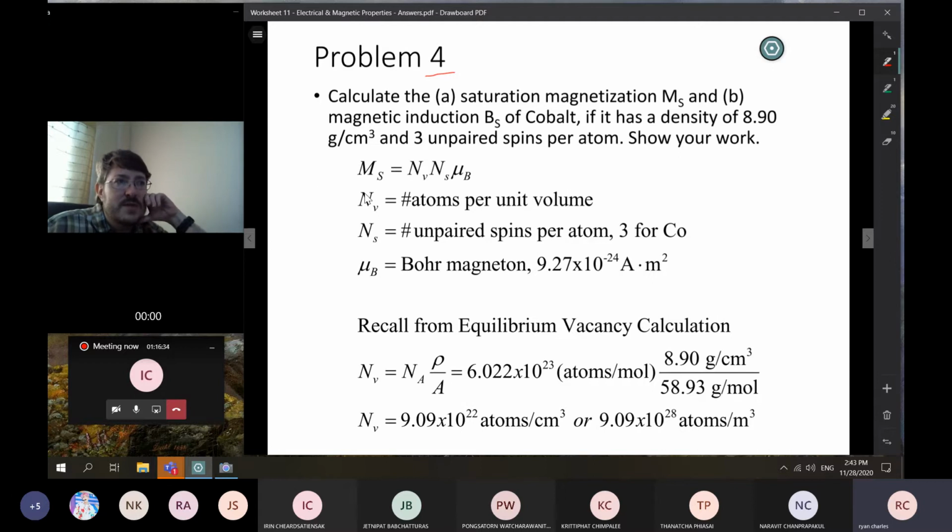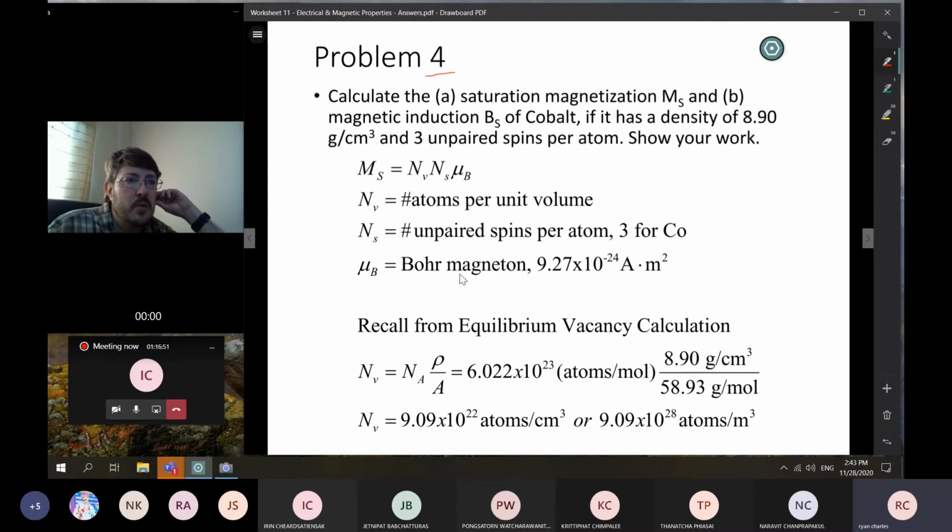M sub S equals N sub V times N sub S times mu B. N sub V is the number of atoms per unit volume. N sub S is the number of unpaired spins per atom, 3 for cobalt in this case.